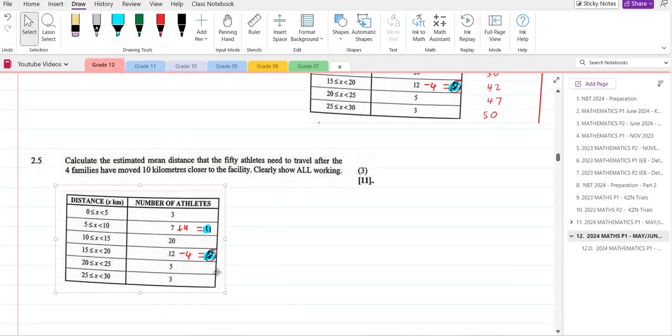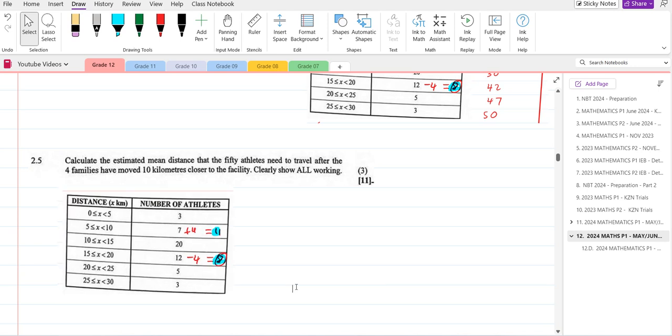So let's work with this table here, and we're going to put midpoints. So let's just put x midpoints, right? Midpoint of 0 and 5: 0 plus 5 divided by 2 is 2.5. 5 plus 10 divided by 2 is 15 divided by 2 is 7.5. 10 and 15, that's 12.5. And just be careful where you're putting it. 7.5 should be there.